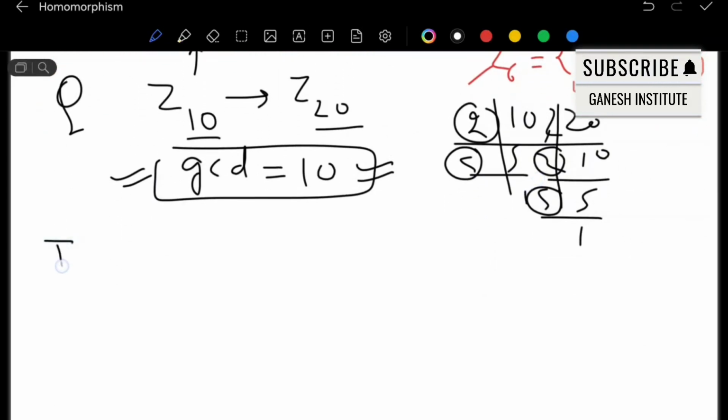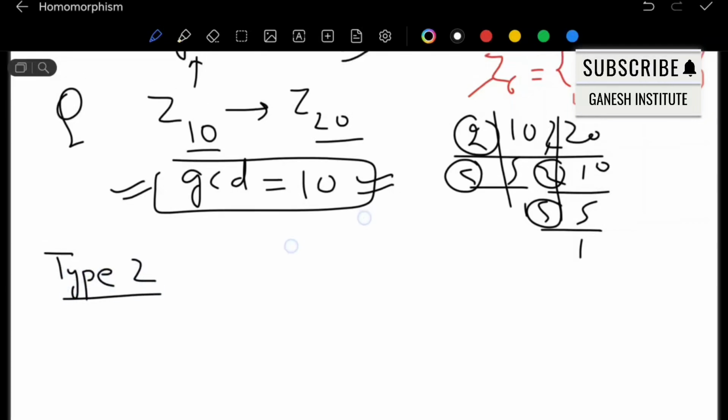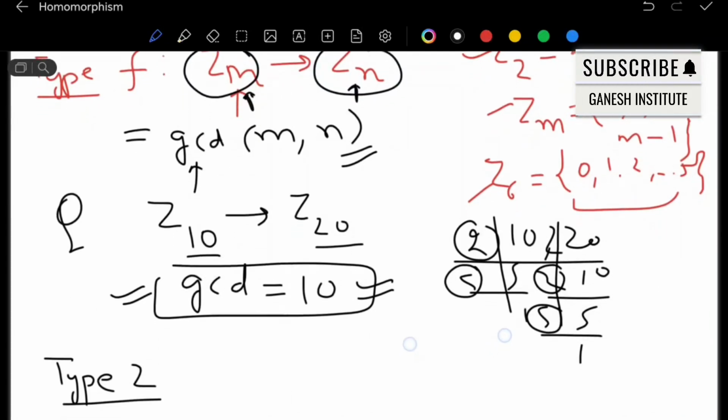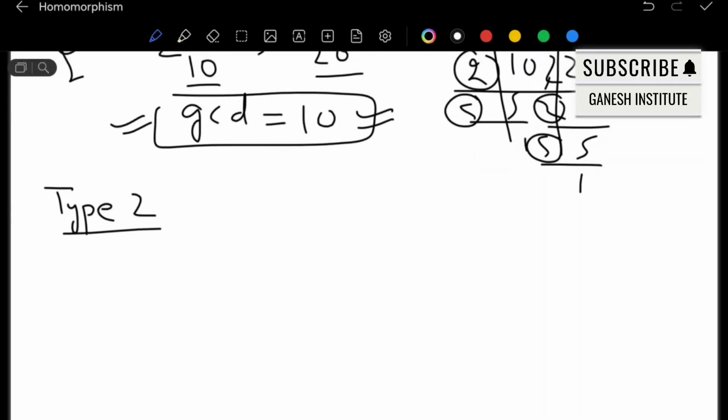But we may have a different sort of mapping. One was when there is a finite group and the mapping is going to a finite group. But what if we have an infinite group but it is mapping to a finite group? Why is it infinite?